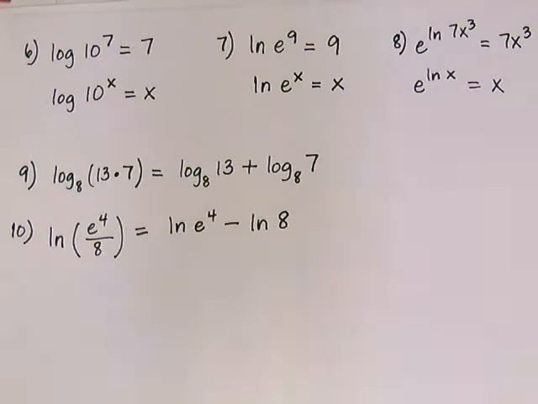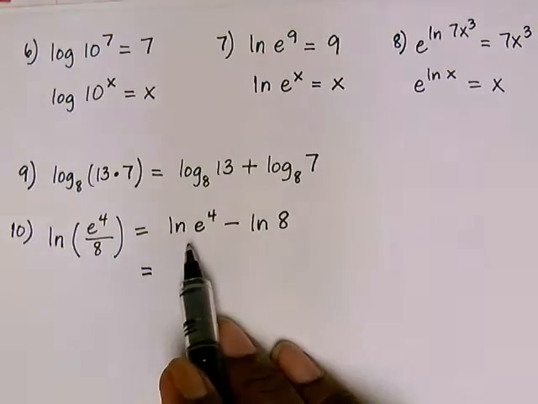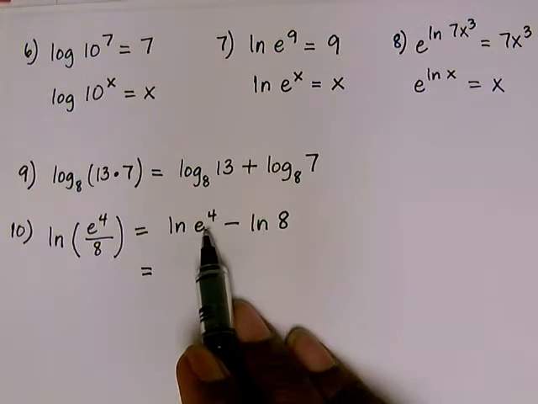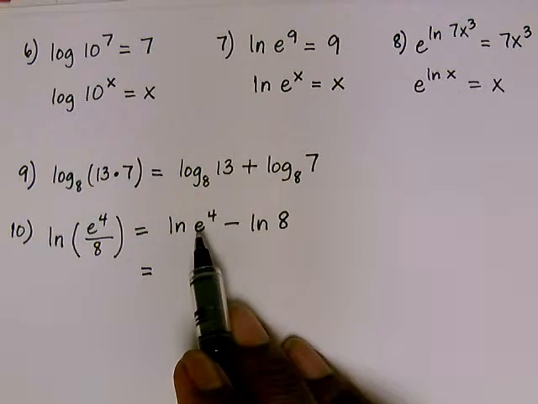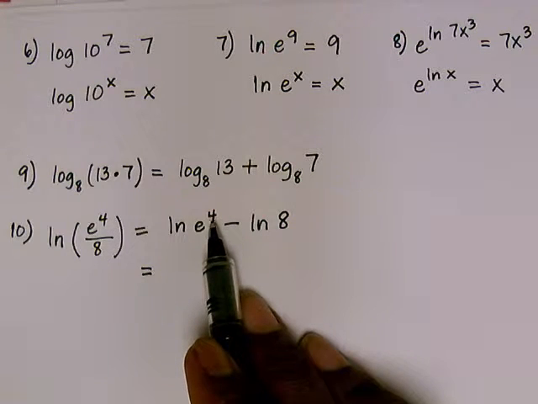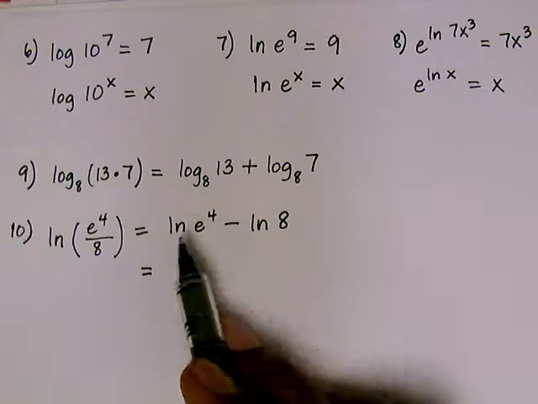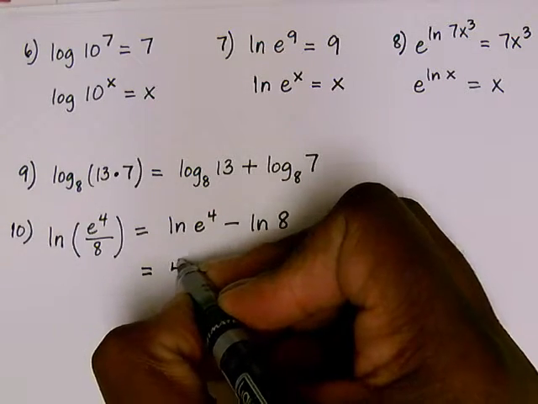So we got ln of e to the 4th minus ln of 8. But we're not done yet, because I can do something with this ln of e to the 4th, because ln and e are inverses of each other, where ln of e to whatever this exponent is, that exponent. So ln of e to the 4th will simply be 4.